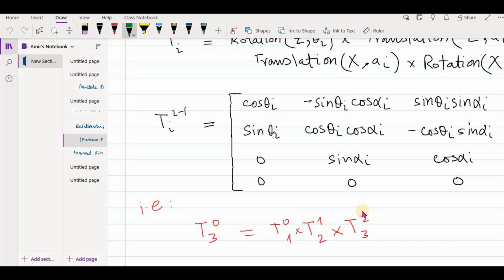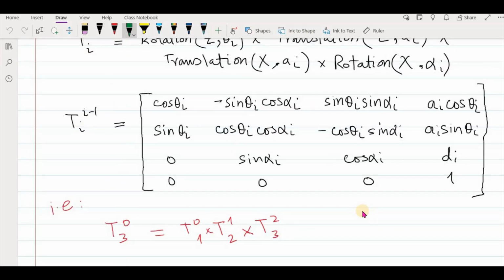We need all these parameters: theta i, alpha i, and then we need a, which is the link length, and we also need the offset. Once we have all these parameters, we can put them in this matrix and find the transform between the two neighboring frames.